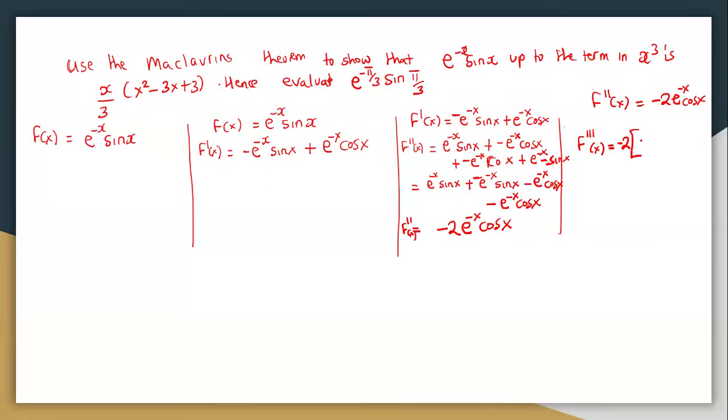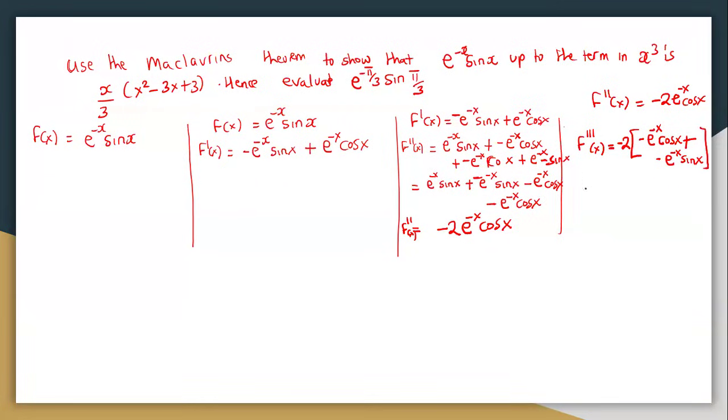We shall have negative 1 times e to the power negative x times cos x, plus e to the power negative x times negative sine x.